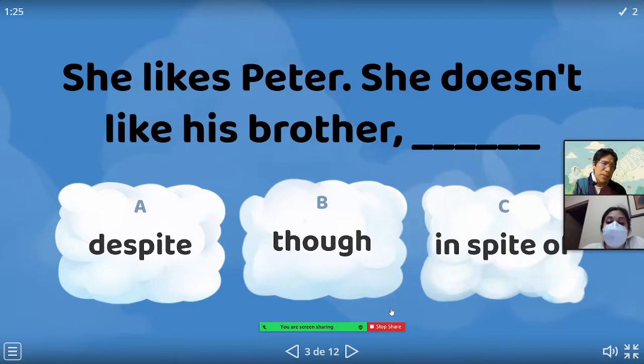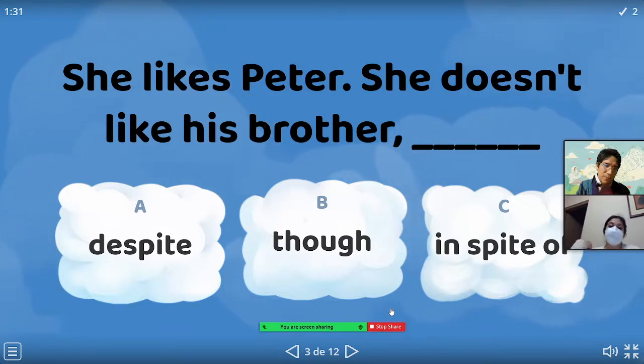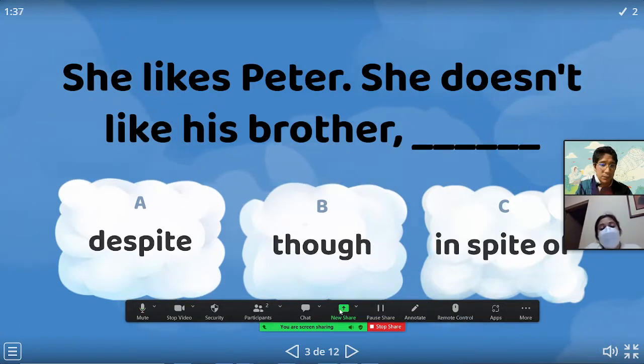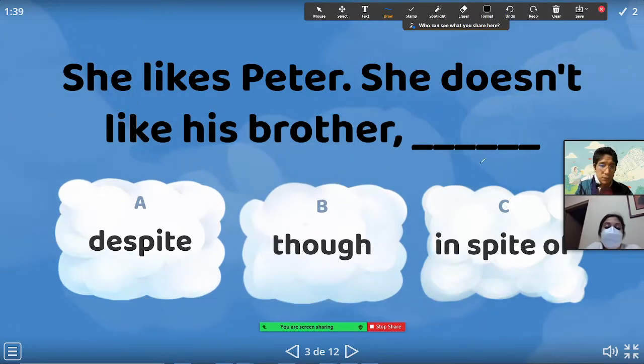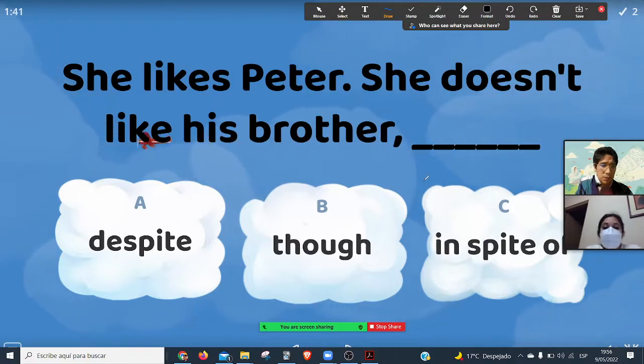She likes Peter. She doesn't like his brother. Eso está difícil. A ver, ¿podrá ser despite? Sí, porque está en diferente orden. Pero dice, mira, a ella le gusta Pedro. A ella no le gusta su hermano.